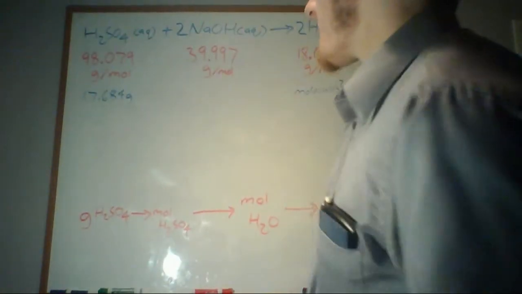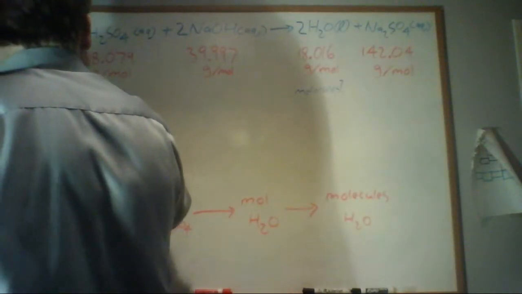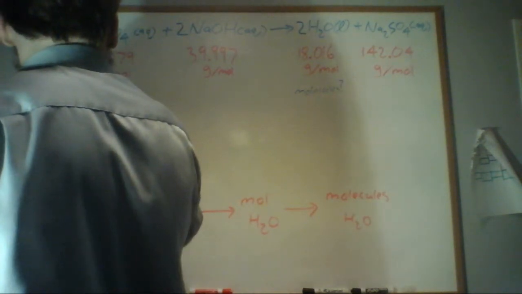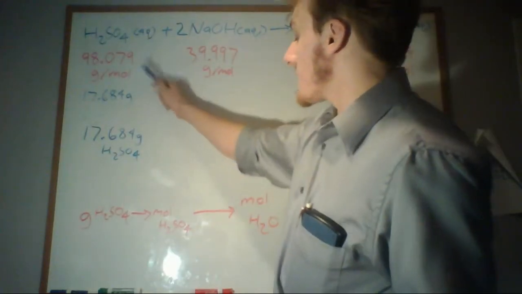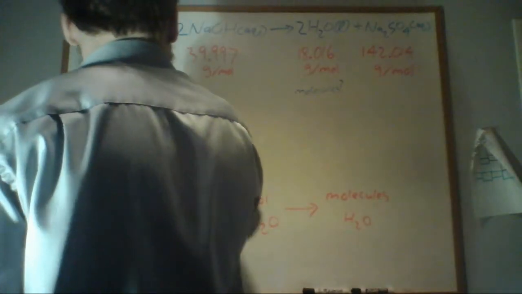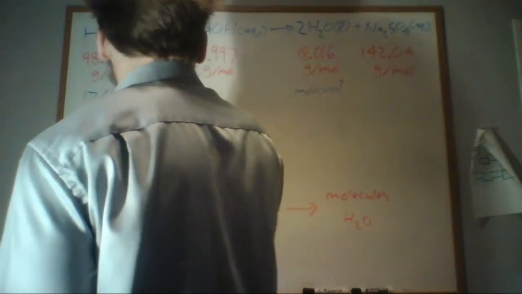So, we're going to take 17.684 grams of sulfuric acid. And we're going to use that molar mass to convert to moles of sulfuric acid. So we'll put 98.079 grams in the denominator here.